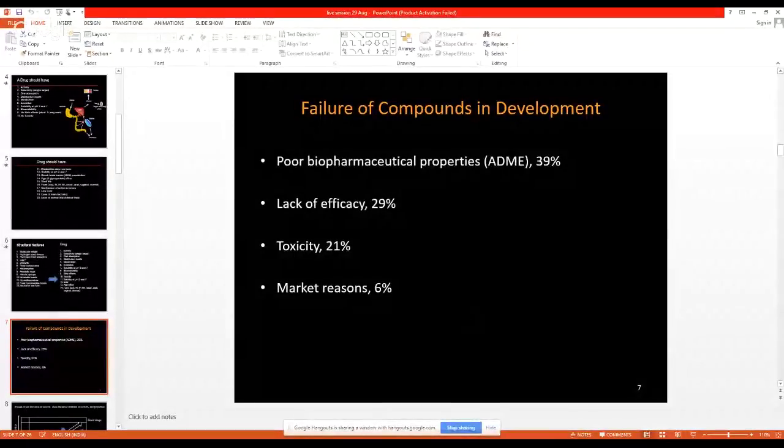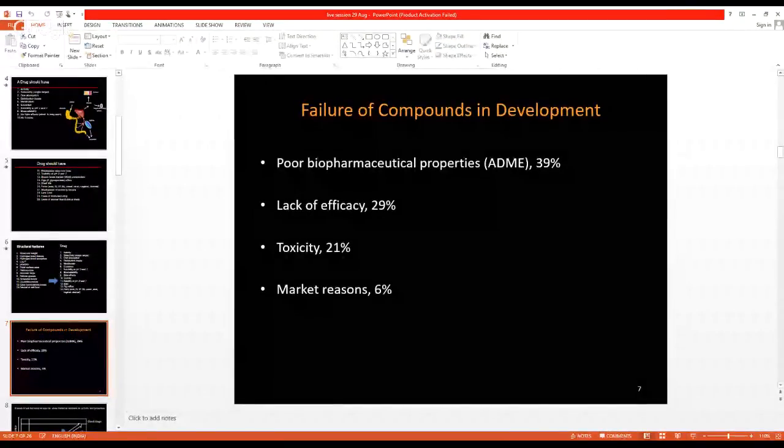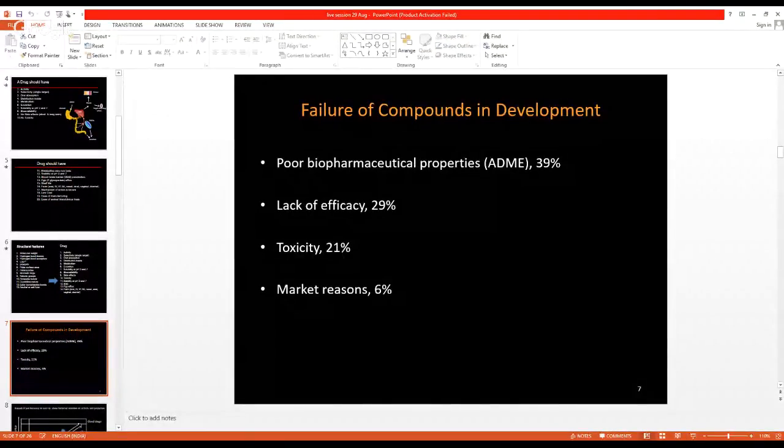That means pharma companies lose a lot of money. Nowadays, FDA expects many things from the pharma companies. So 95%, 90% of the drugs which enter the preclinical stage, that is animal studies, followed by clinical phase 1, phase 2, phase 3, are lost because of these problems.